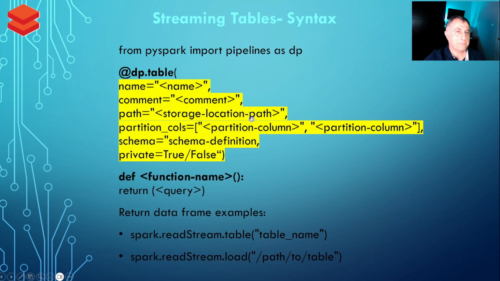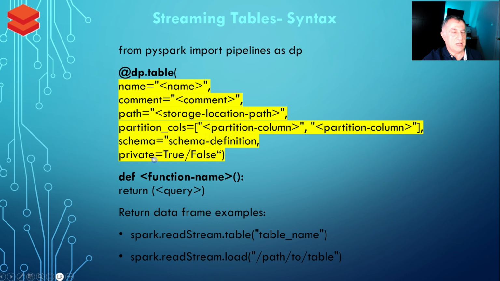But if the location of the table is important for you and you want to specify path, then you can do this. You can also use the partition columns attribute, which could be useful for performance optimization purposes. Next, the schema attribute allows you to define schema, but it's also optional because if you skip this, schema will be inherited from your transformations.